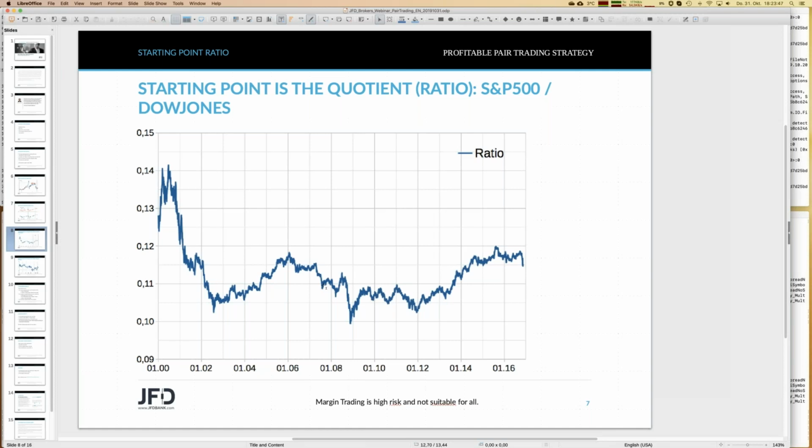But now, what is the downside? Is there a risk? Yes, there's a risk. Let's assume we open the trade at an almost perfect point in the historical chart, about here, 2006. If that ratio had increased, then we would have lost more and more money.